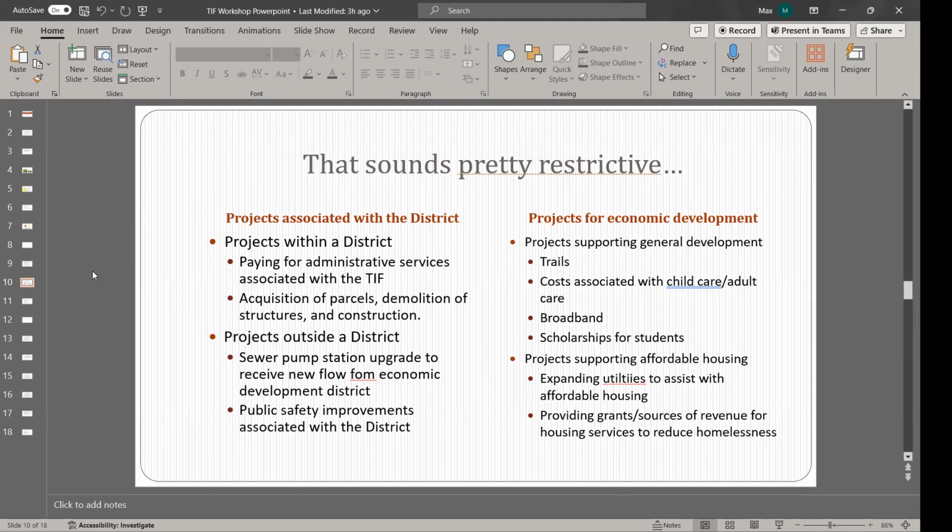Same thing with trails. Trails weren't something that TIF could be used for quite some time ago, but it is something that helps generate the tourism industry. And I know it seems like I'm always going back to the economic focus on it, but as long as you tie it to the economy, and in your case, you're talking about community resiliency, that is something that can tie into it, as long as you can make that connection.